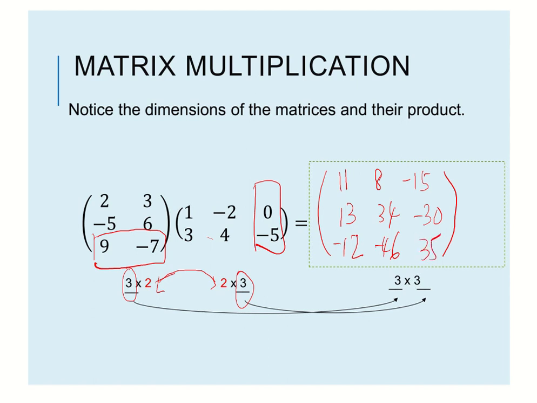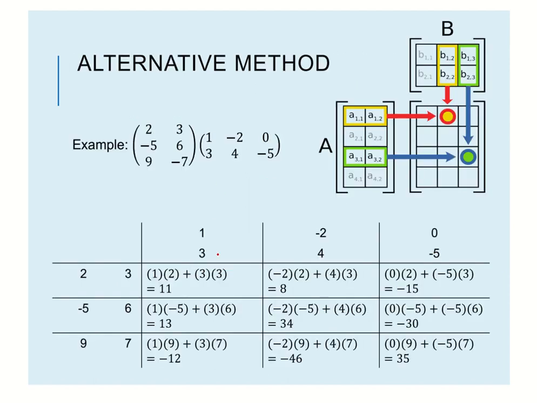Now we can see here the result we get is 3 rows by 3 columns. Now, alternately, we can actually solve these questions by using this method.